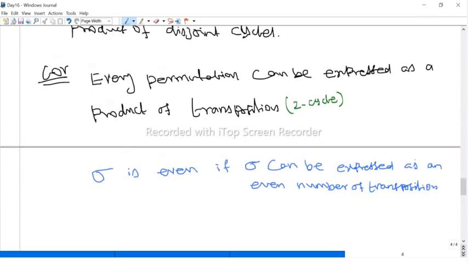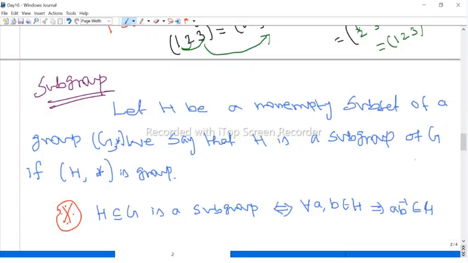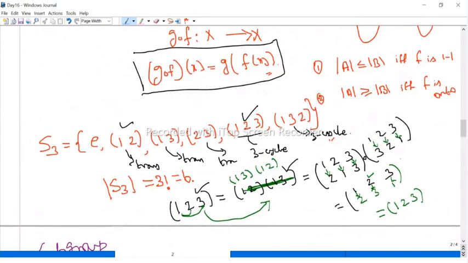So look at the examples from the previous part. Now look at this (1 2 3). Now (1 2 3) can be written as a product of 2 transpositions, (1 3)(1 2). This is 1 transposition, this is another transposition. Therefore total 2 transpositions. 2 is an even number. Therefore this permutation (1 2 3) is an even permutation.